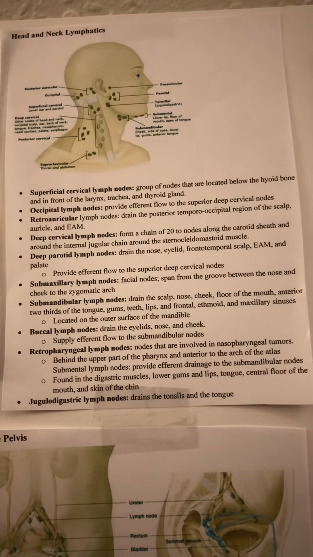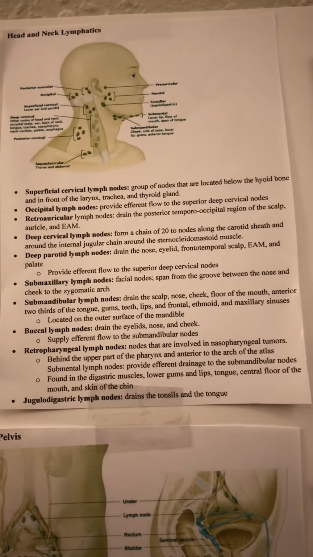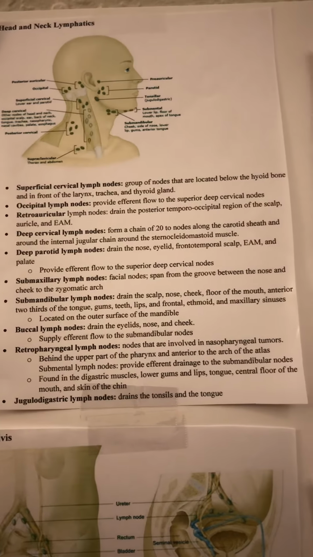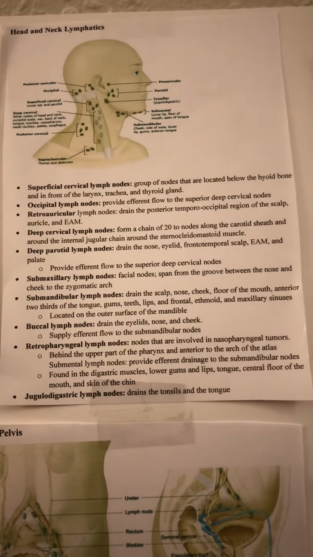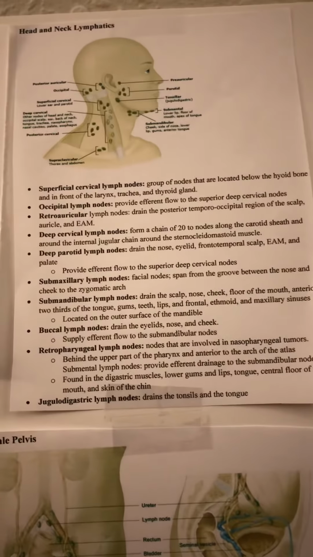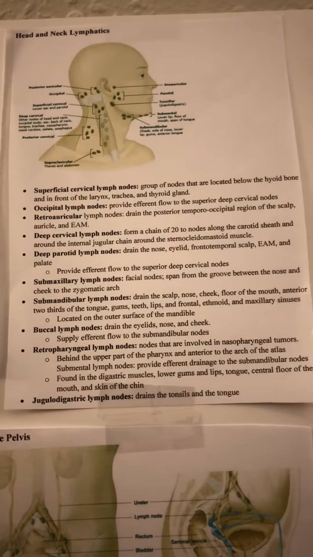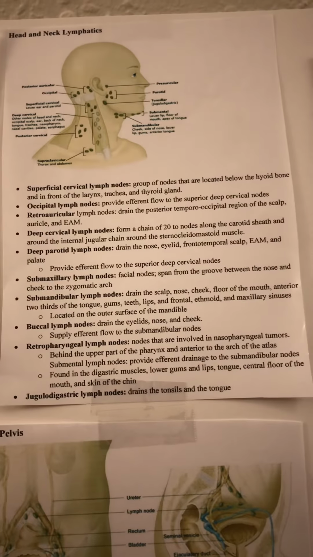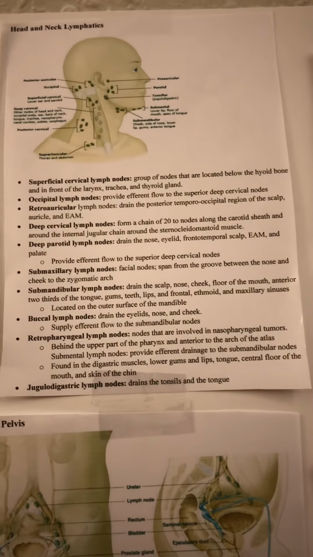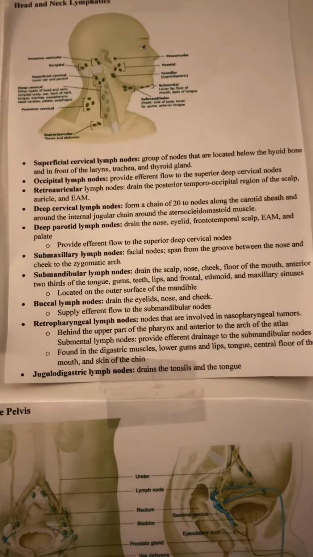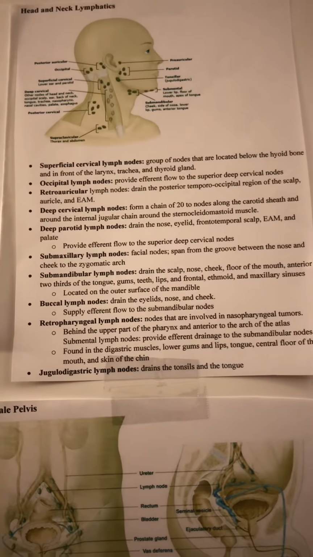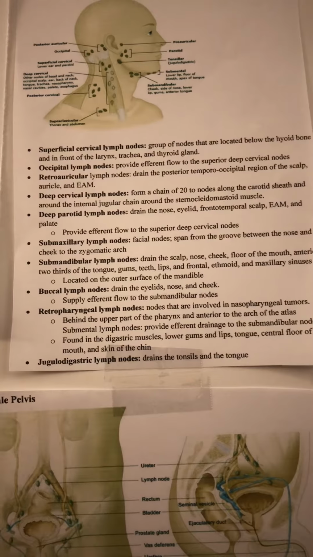The retroauricular lymph nodes, these drain regions of the scalp, auricle and EAM. Deep cervical lymph nodes, the deep parotid lymph nodes, and these drain the nose, eyelid, frontal, temporal scalp, EAM, and the palate, and they also provide afferent flow to the superior deep cervical nodes.